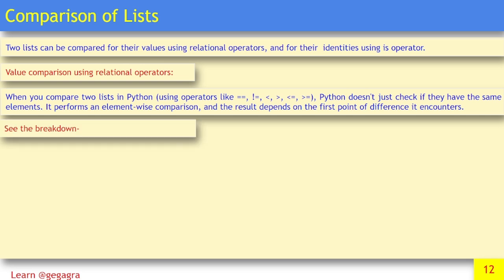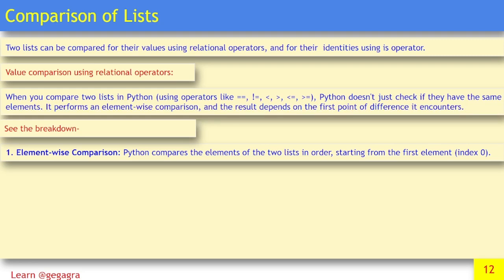So see the breakdown. Element wise comparison: Python compares the elements of the two lists in order, starting from index 0. So when comparison begins, it starts from index number 0.